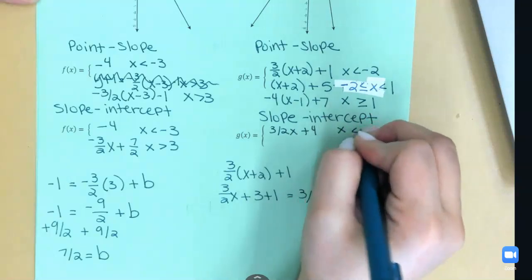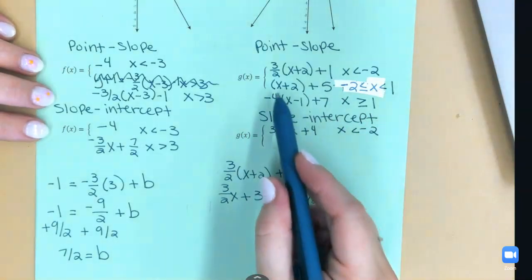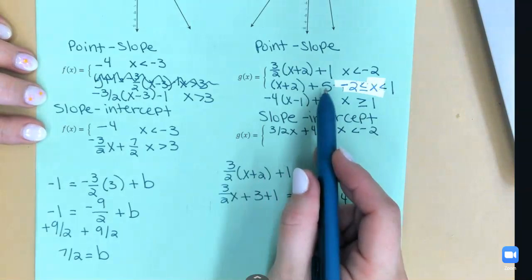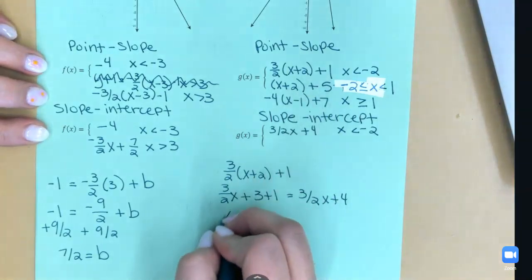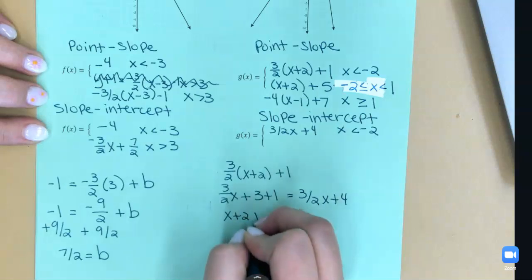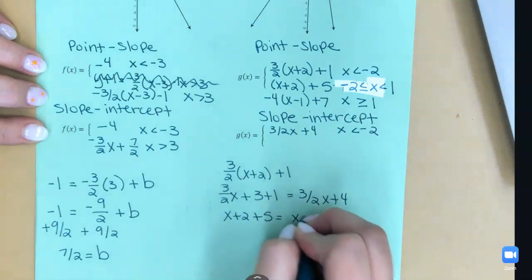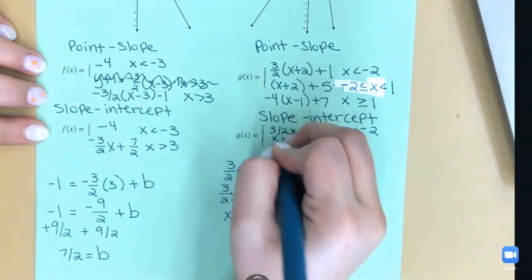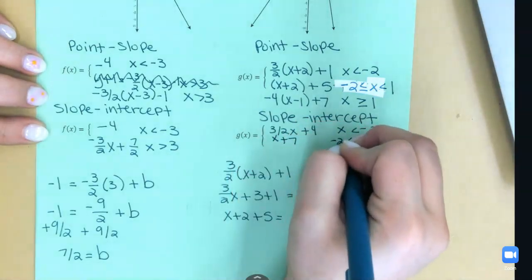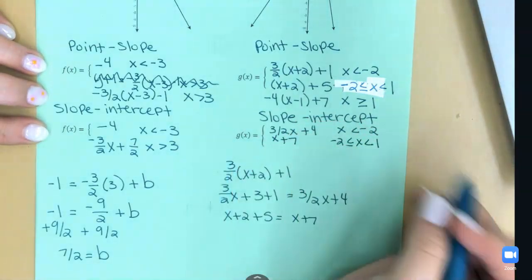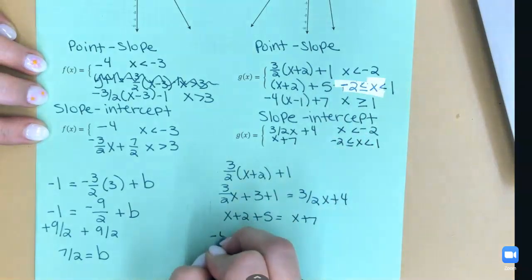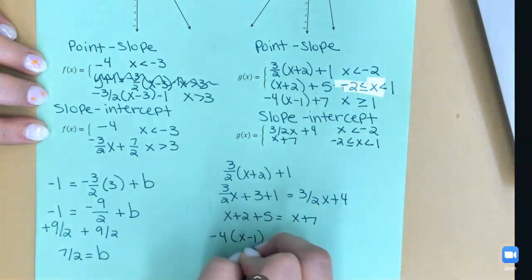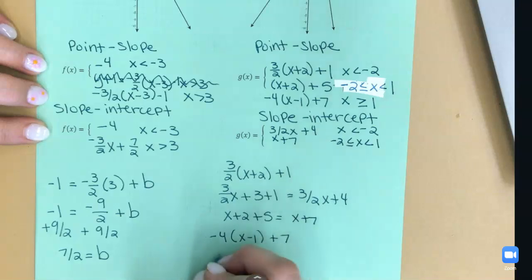Again, my domain does not change. For the middle one, I don't have anything to distribute. I just know that I'm going to be combining the 2 and the 5, so that becomes x plus 7. Easy enough. Again, the domain doesn't change. And then for the last one, I am going to have some distribution going on.